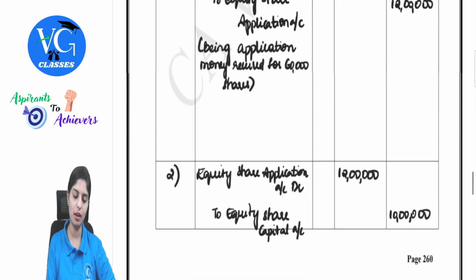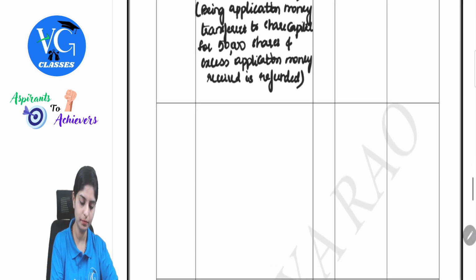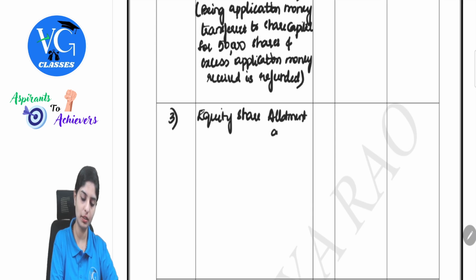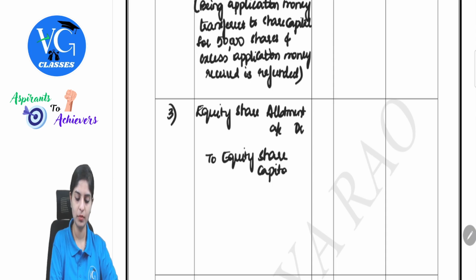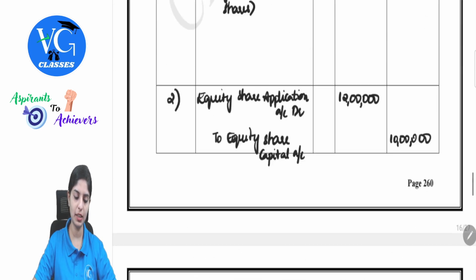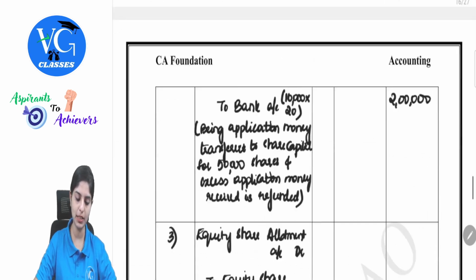Next, we have to make the allotment entry. Equity share allotment account debit to equity share capital. So the number of shares is 50,000, allotment money is 10 rupees.